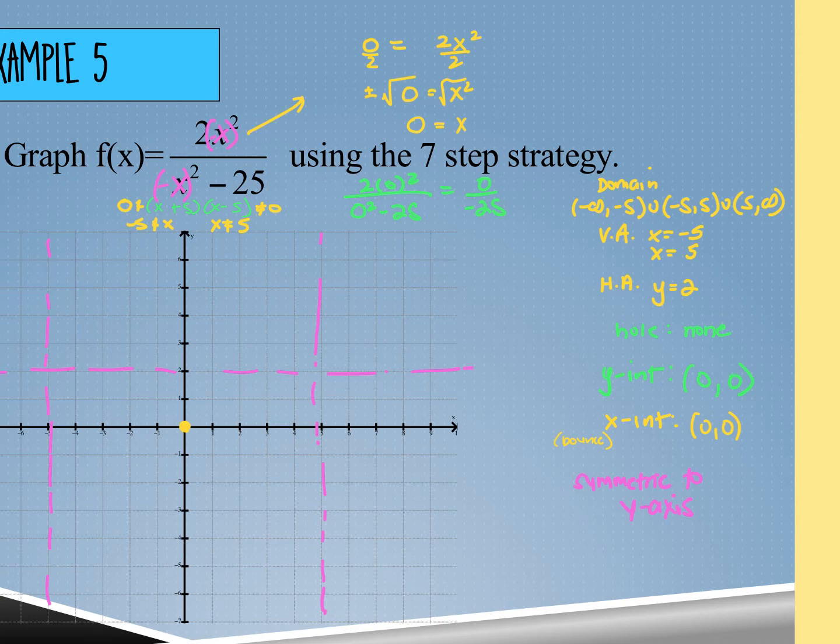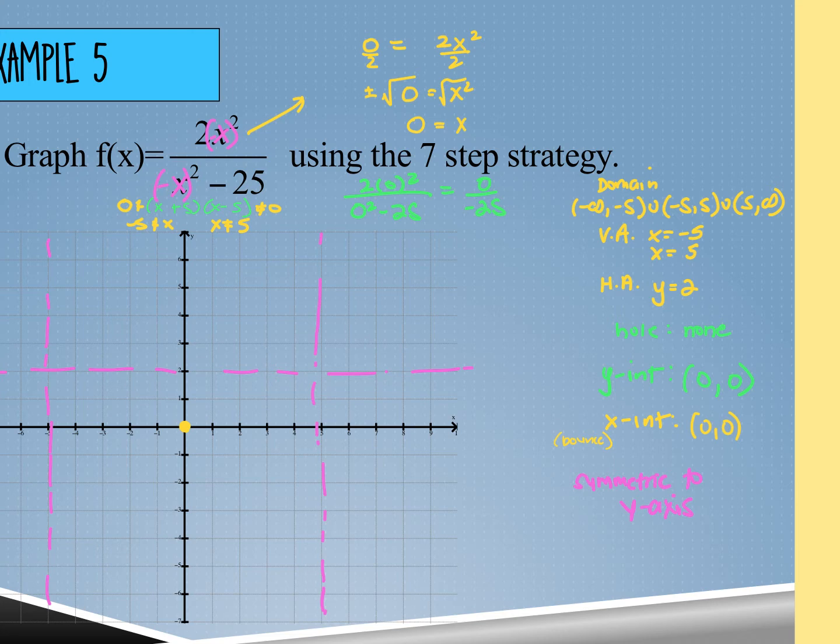Now, I said it yesterday, but I want to repeat it because it's important. Your graph, when you have two vertical asymptotes like that, so it's divided into 3 sections, can pass through the horizontal asymptote. So I could have a shape that's kind of like the cubic function that runs through the middle. But if that's true, is this graph symmetric to the y-axis?